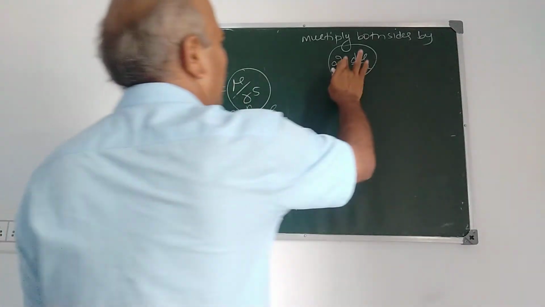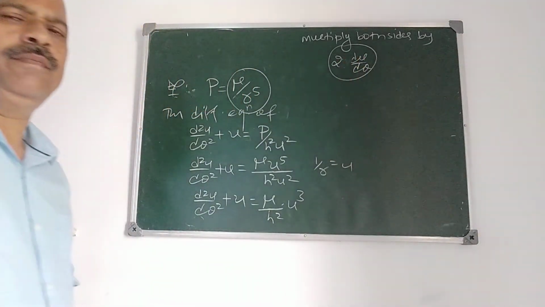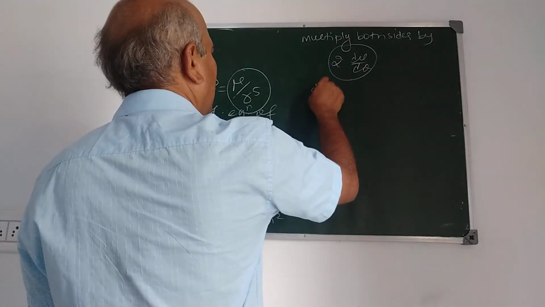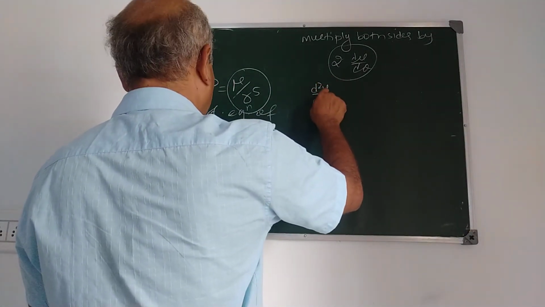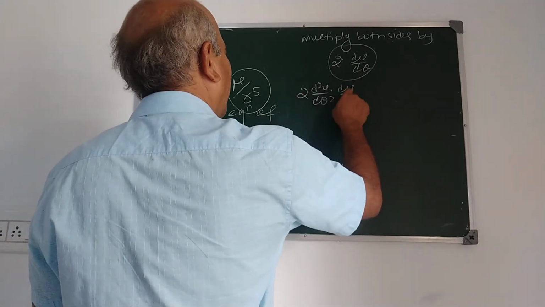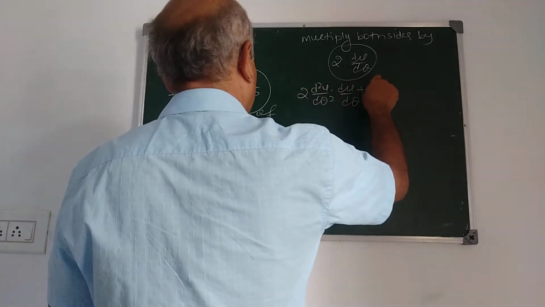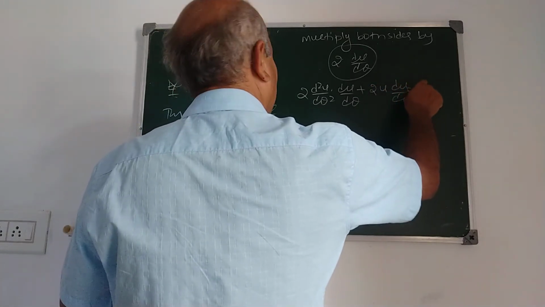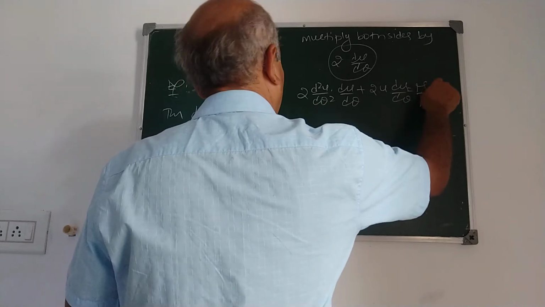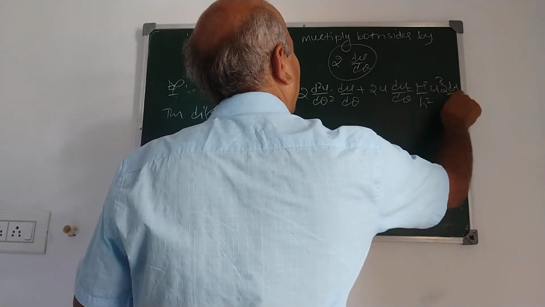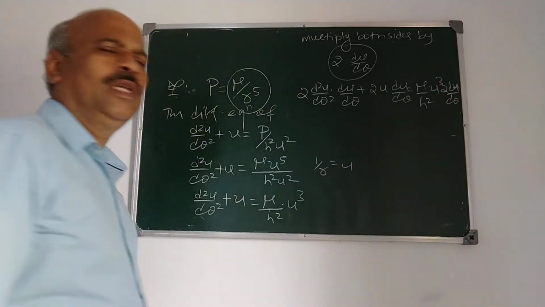Or only 2 du by d theta. Multiply both sides by 2 du by d theta. We get d2u by d theta square into 2 du by d theta plus 2u du by d theta is equal to mu by h square u cube into 2 du by d theta, multiplying by 2 du by d theta.